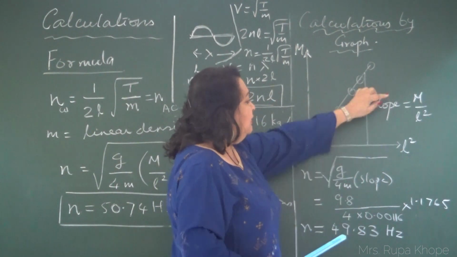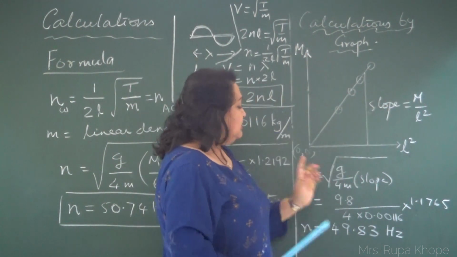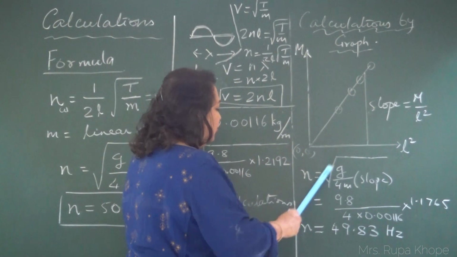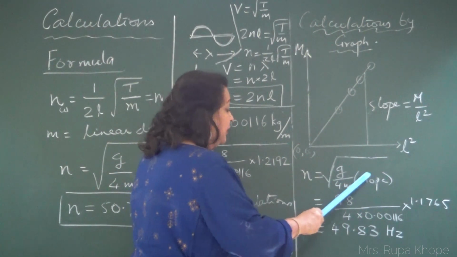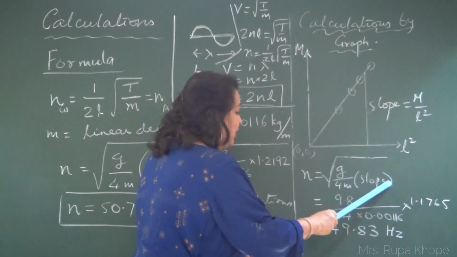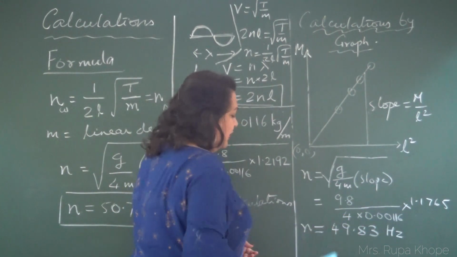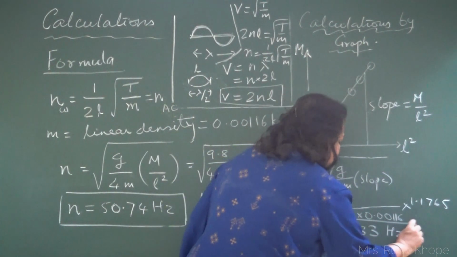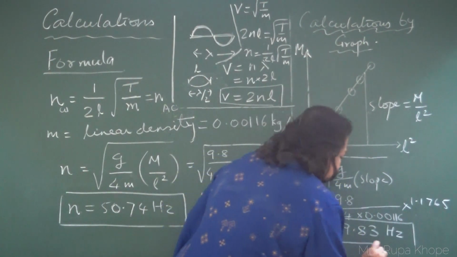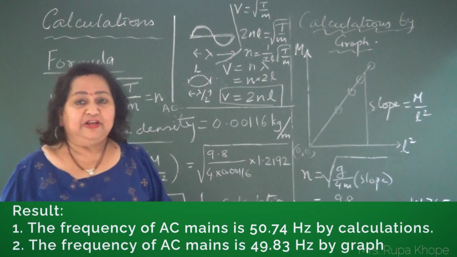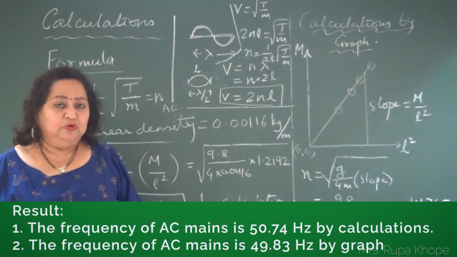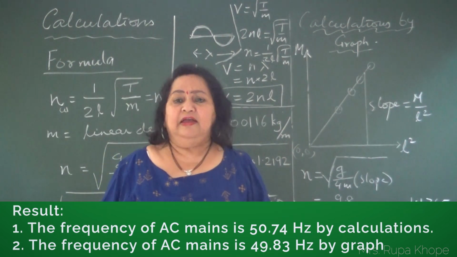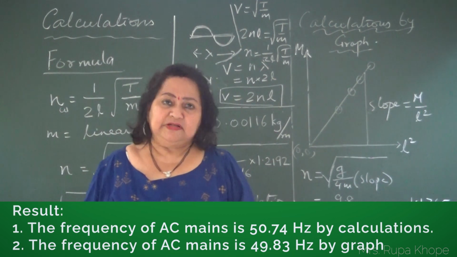So let's calculate. n is equal to root of 0.4 g multiplied by M upon L square, which is the slope. Calculating this, we get n equal to 49.83 Hertz, which is also very close to 50 Hertz. So these are the two values we get, with hardly any error, and I think the experiment is successful.